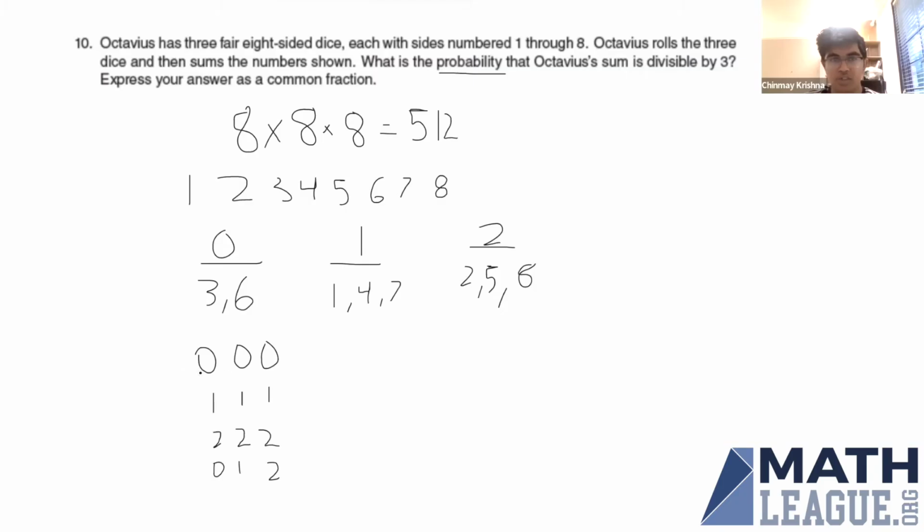First, let's look at 0, 0, 0. In that case, each of the 3 rolls has to be either 3 or 6. That's 2 possibilities for each of them, so it'd be 2 times 2 times 2 ways for him to roll 3 numbers that are all divisible by 3. That gives us 8 possibilities there.